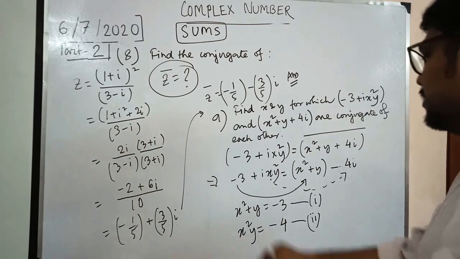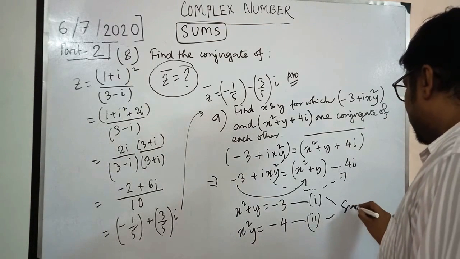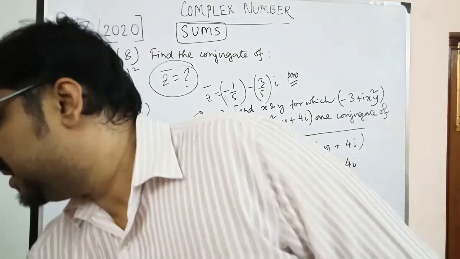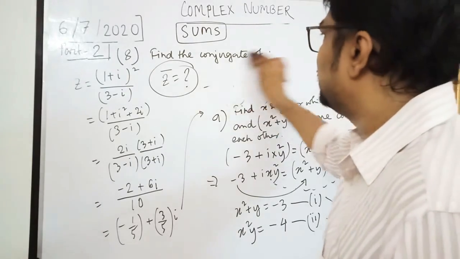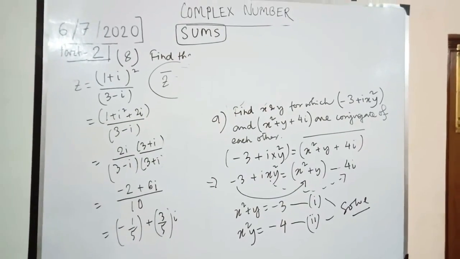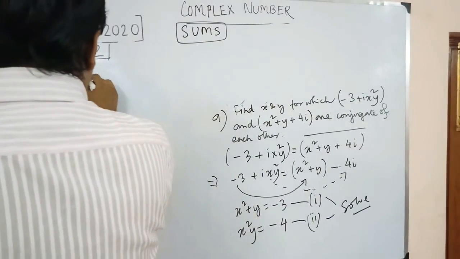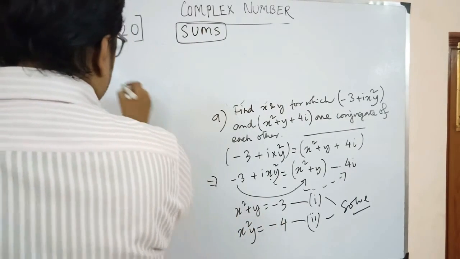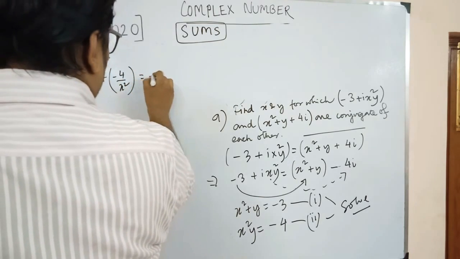So we have to find out this thing now. So let us solve. So we are solving basically these two now. So we can substitute in this x square plus y. In place of y, I will substitute minus 4 by x square, will be equal to minus 3.